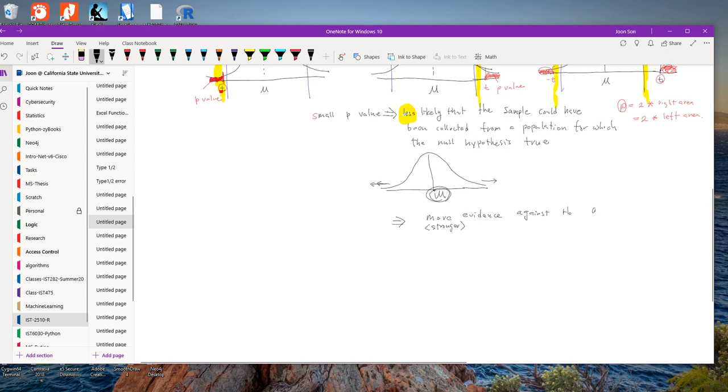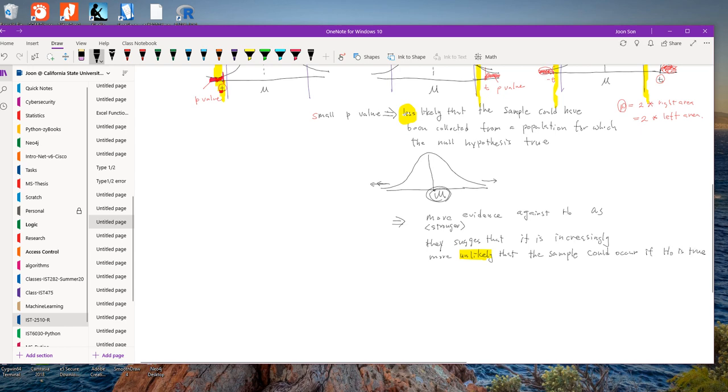It suggests that it is increasingly more unlikely that the sample could occur if H0 is true. The important thing here is unlikely.